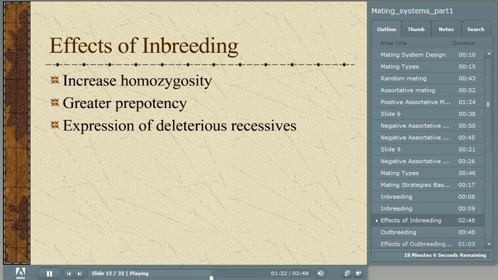One of the other things that happens, one of the negatives associated with inbreeding, is the expression of deleterious recessives. Those of you who have been involved with breeding Angus cattle in the U.S. over the last 10 or 20 years would know about the curly calf syndrome, which is a single gene defect that became apparent.